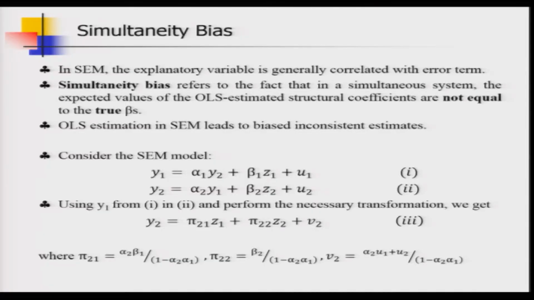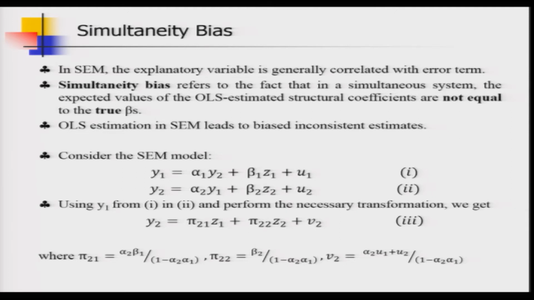Now let us concentrate on the two equations that we are seeing in this slide. We have two endogenous variables y1 and y2, and two exogenous variables z1 and z2, and these are equation numbers 1 and 2. Now you take y1 from equation 1 and plug that into equation number 2, and perform some transformations to get a third equation, numbered 3, and here you see that it is written as y2 equals pi 21 times z1 plus pi 22 times z2 plus v2.